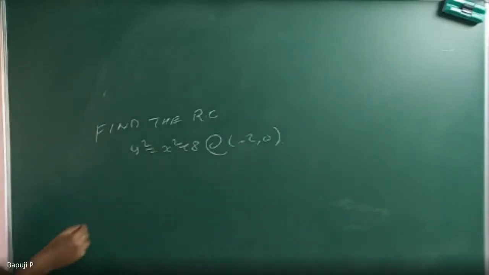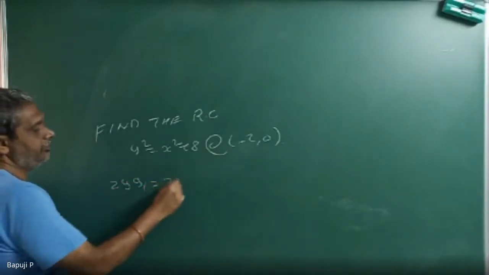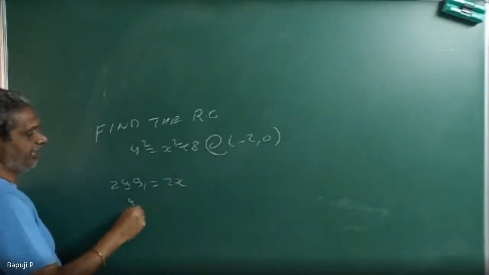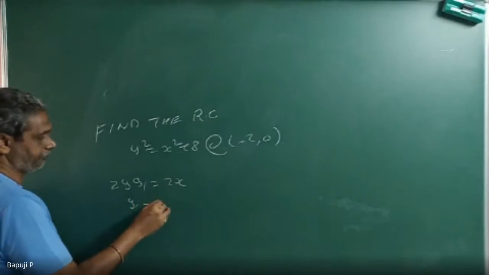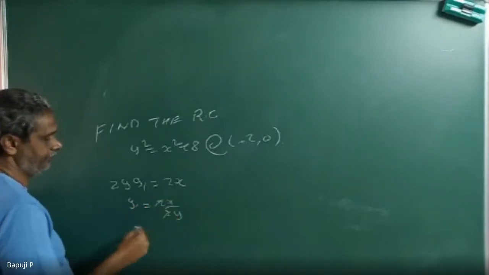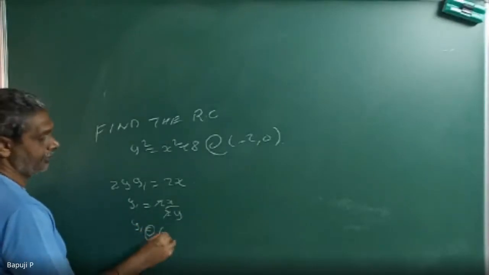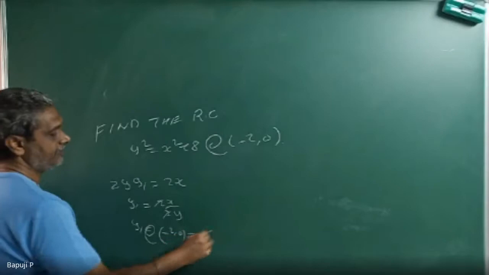Find y1, what will you get? 2y y1 is equal to 2x, so y1 is equal to 2x by 2y. y1 at minus 2 comma 0 is what? Infinity.